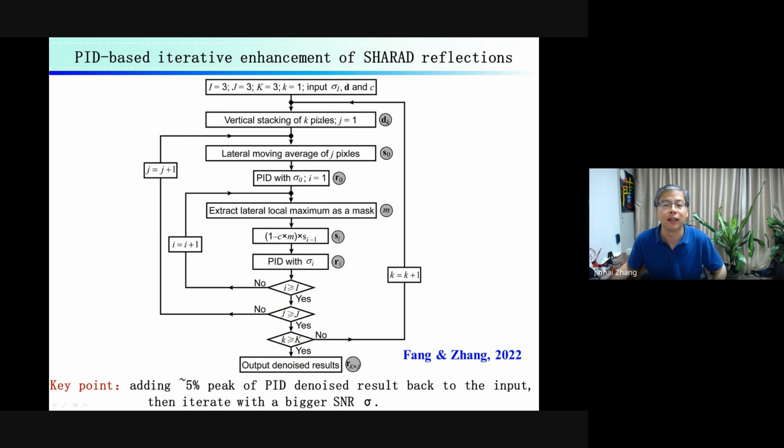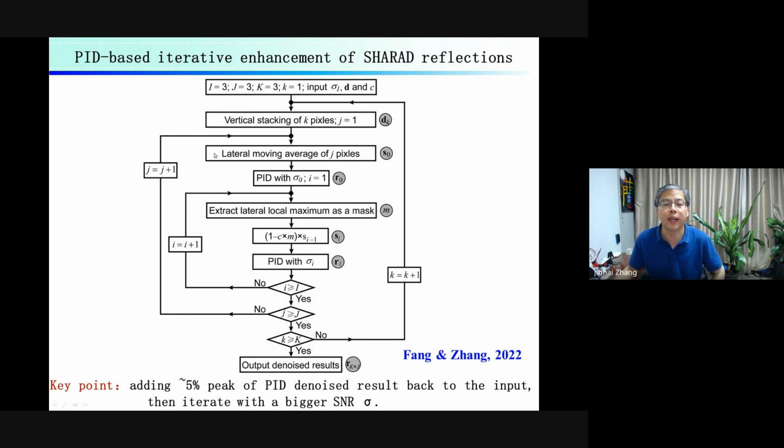That means k equals 3. That means three adjacent vertical pixels will be added up. That means we will lose some vertical resolution. However, when the vertical resolution is not that good, we have to sacrifice some vertical resolution.